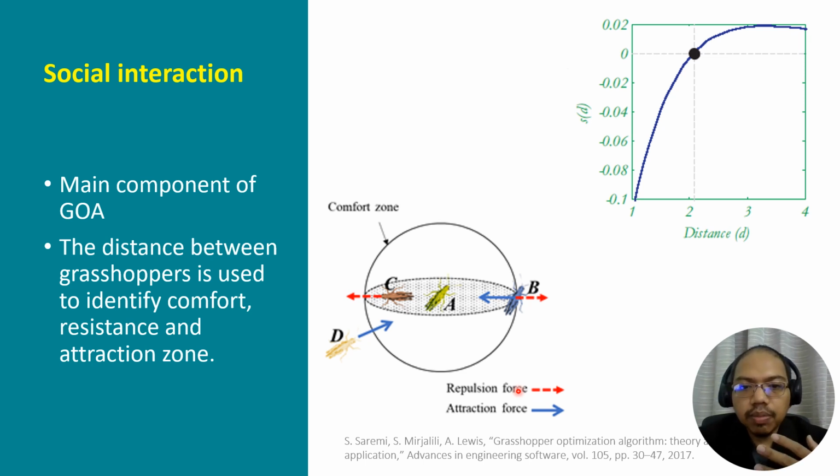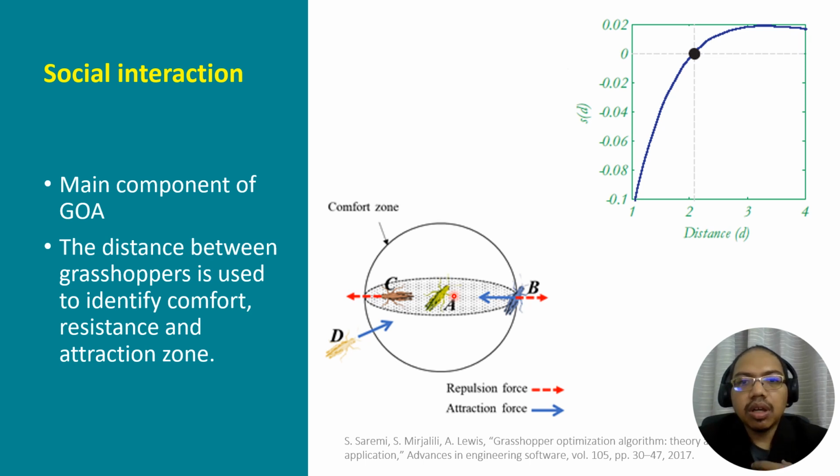So when a grasshopper is within a repulsion zone, it is going to move away from the other grasshopper. Let's say we have grasshopper A, and let's say the second grasshopper is within the repulsion zone, meaning that it is going to have what we call a repulsion force.